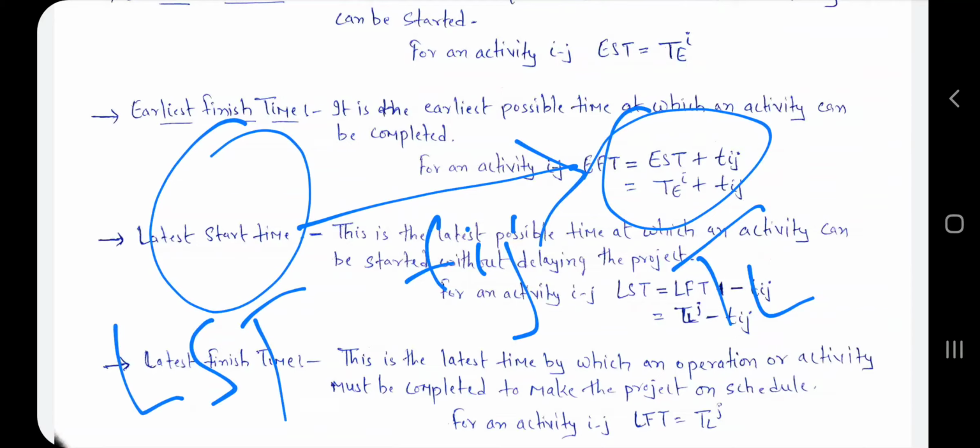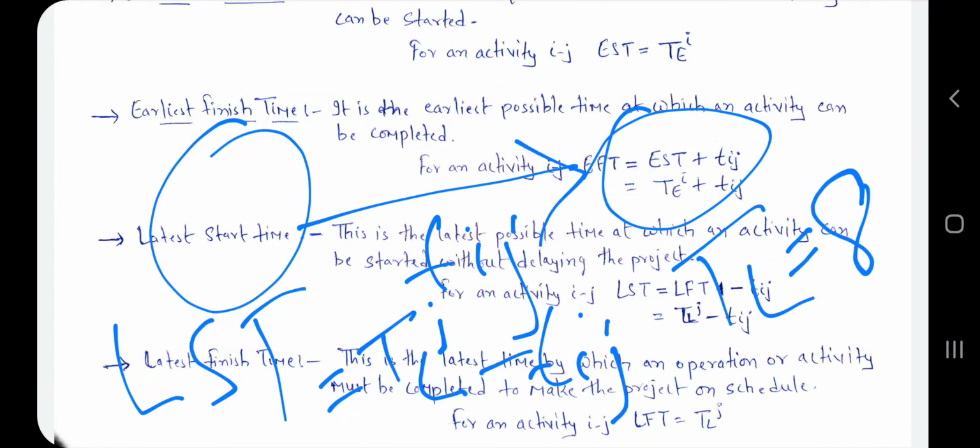So the latest start time value is TL minus Tij, simple. So you get the LST value. If TL value is 8 and Tij value is 8, then the LST value is 0.